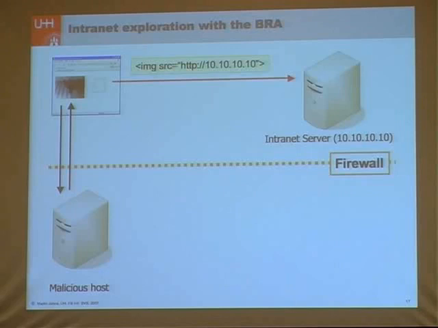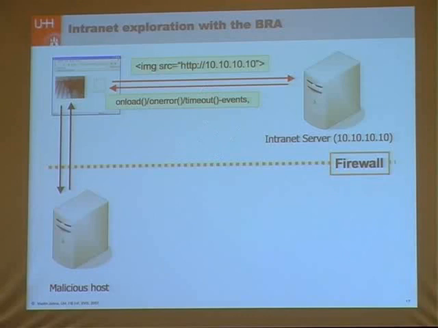For example, in this case, the attacker wants to know if at the IP 10.10.10.10, which he somehow knows is part of the intranet, a web server is hosted. He dynamically includes an image into the source of the web page with the cat, and depending on which event it triggers, if there's an onload event or an onerror event, then he knows the host somehow answered, maybe with HTML data, maybe with an RST packet. If there's a timeout event, then he knows the request has timed out, and therefore he knows either the URL exists or the host exists or it doesn't.